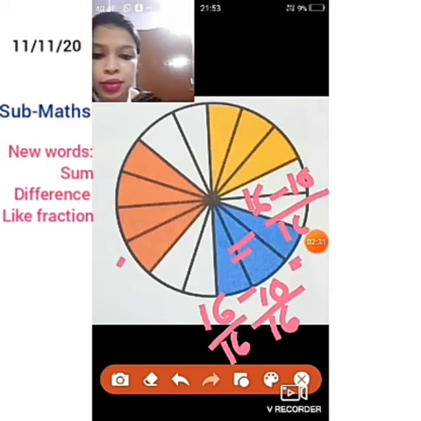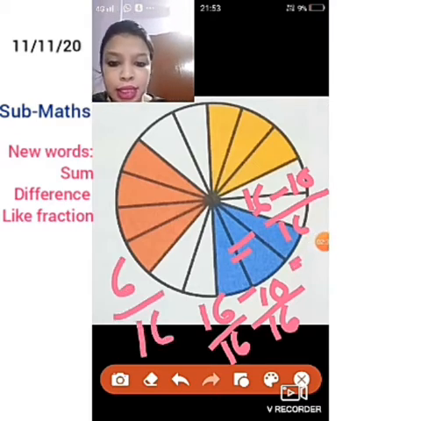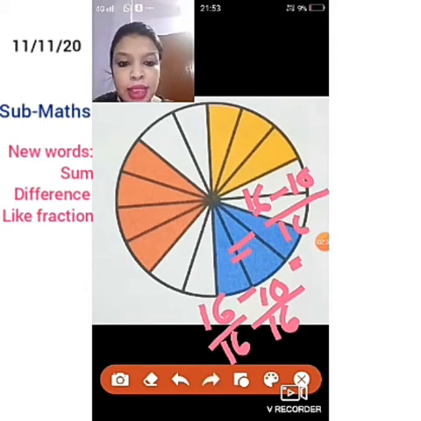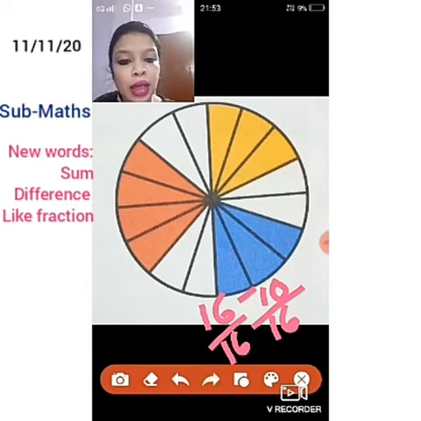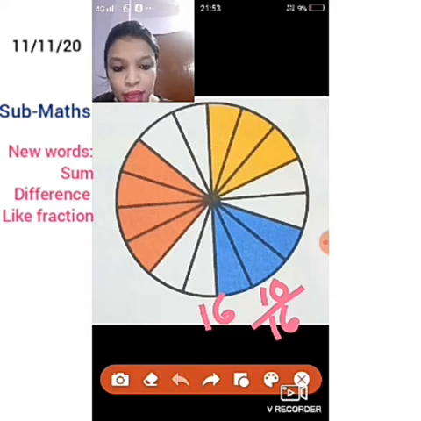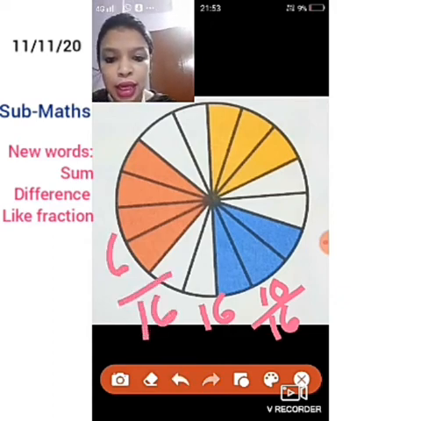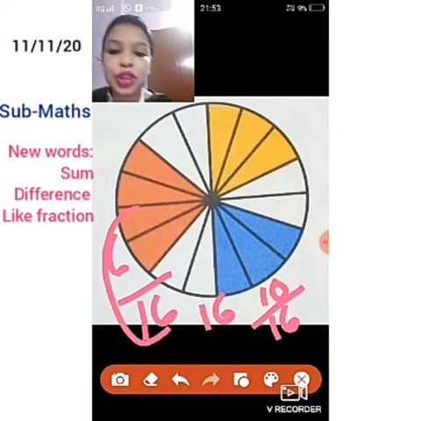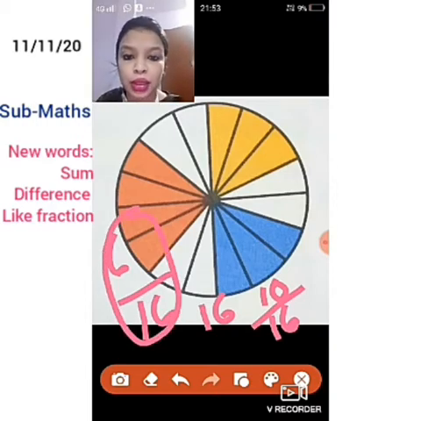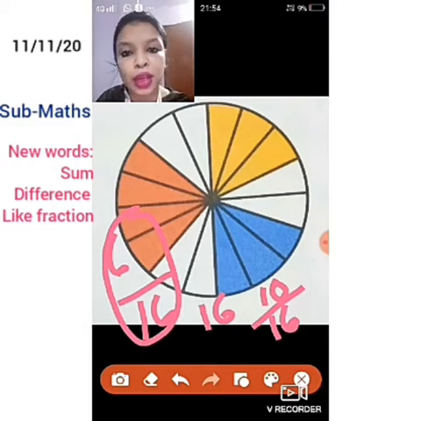So 6 by 16 are left uncolored. So I will write together, 6 by 16 are uncolored, that means unshaded. In this way we can find the shaded and unshaded parts of any given figure.